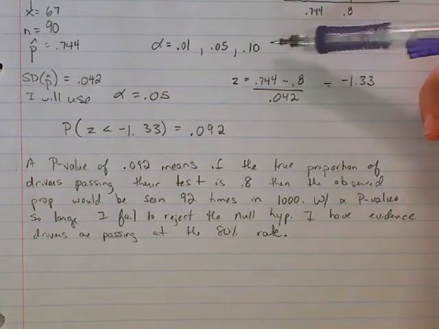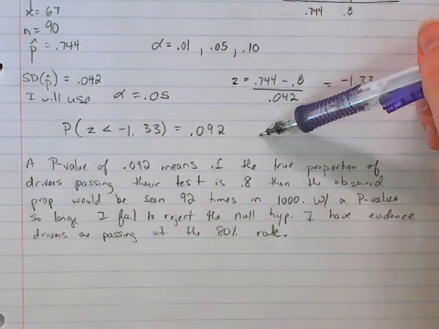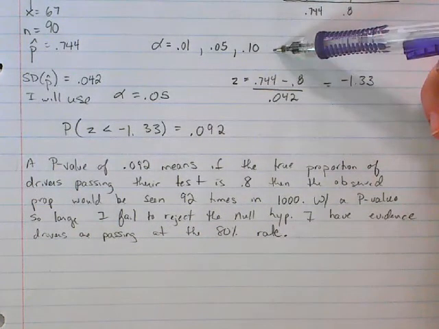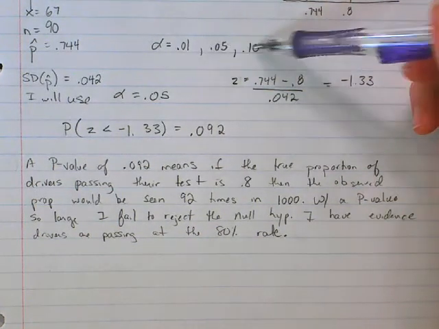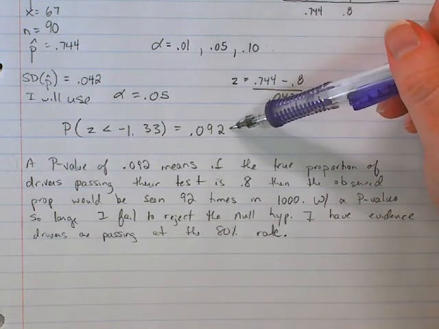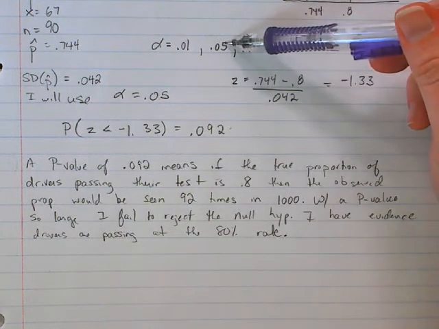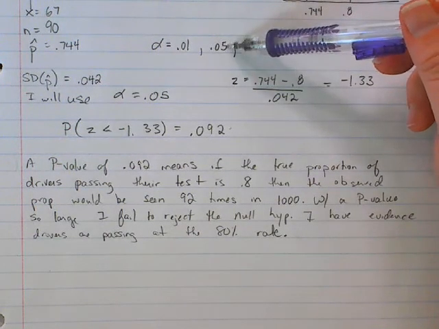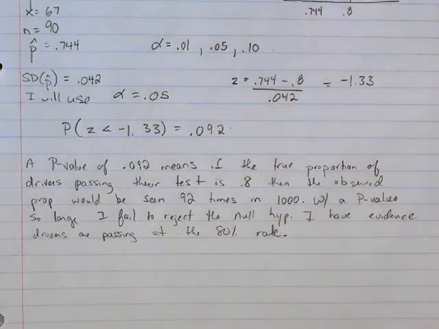Now, I want you to think about alpha, and I want you to think about our p-value. Look at alpha, look at our p-value, look at your choices. You've got 3 choices. I picked 0.05, and when I picked an alpha of 0.05, I failed to reject my null hypothesis.